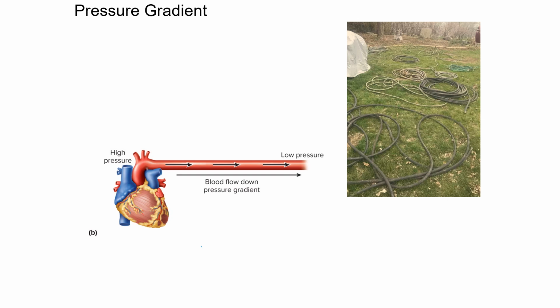We will see pressure gradients, not so much this semester, but a pressure gradient has one area that's under high pressure, like the blood in the heart when the heart is pumping. And there are other areas that have low pressure, like the veins in your body.